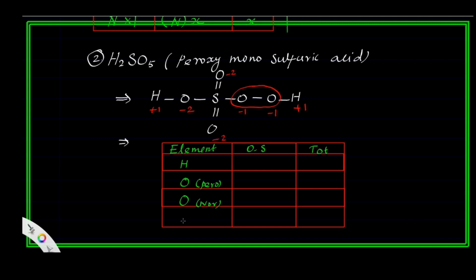And fourth type is sulfur. Now the number of atoms: hydrogen which is present 2 times, peroxy oxygen having 2 times, and normal oxygen present in 3 times, and sulfur which is present 1 time.